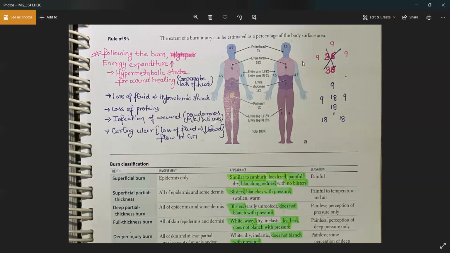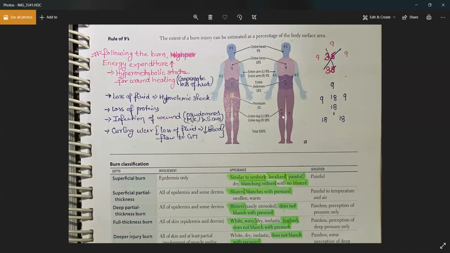For the thorax, it would be 18%, 9% anterior and 9% posterior. For the abdomen, again 18%, 9% anterior and 9% posterior. For the legs, it's a total of 18% per leg, 9% in front and 9% in the back. So one leg 18%, another leg 18%, right?